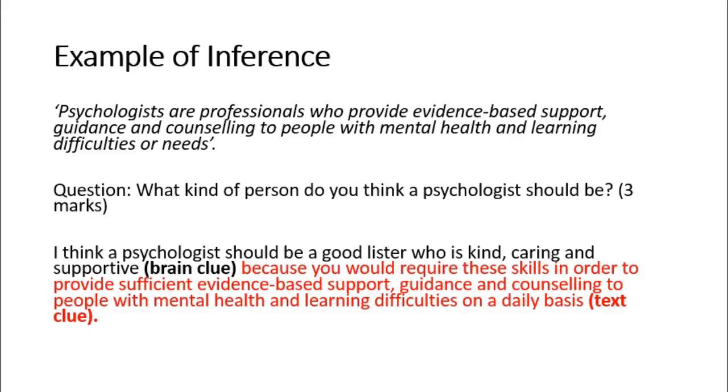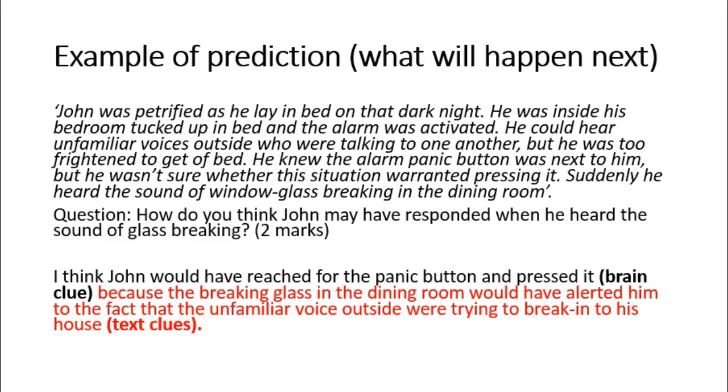That was their brain clue, but now they're going to say why with a text clue. So they're going to say, because you would require these skills in order to provide sufficient evidence-based support, guidance, and counseling to people with mental health and learning difficulties on a daily basis. And within those text clues, you can find there were 2 points that were found.